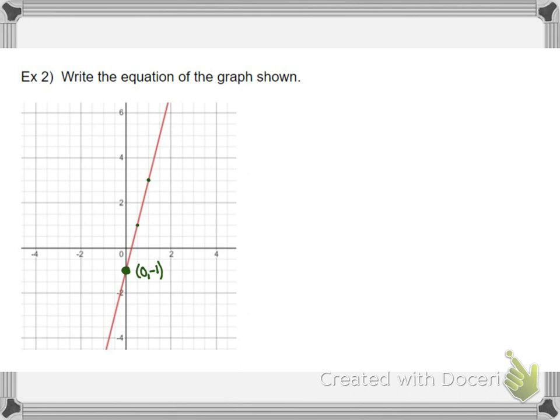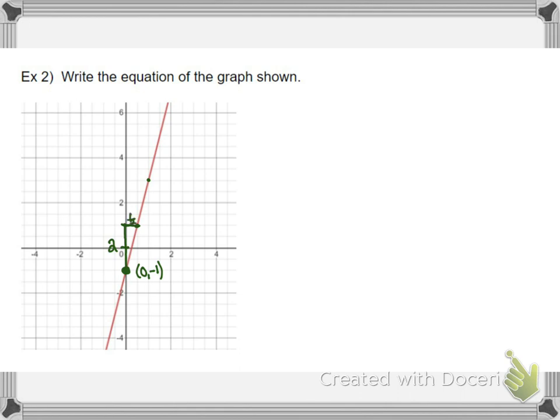But now to find the slope, I'm going to count rise over run. So to get from my y-intercept to this first point that I found, the rise is 2 units. So see, it goes up 1, 2 units. The run, it looks like it goes over a half. Well, that's kind of tricky. So maybe I don't want to use that point.